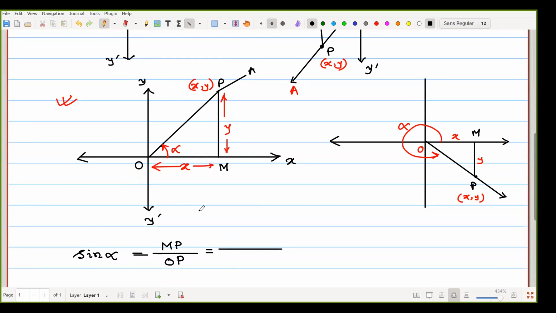That means according to the angle of reference, PM is the perpendicular, OP is the hypotenuse. So that means the relation is perpendicular divided by hypotenuse.